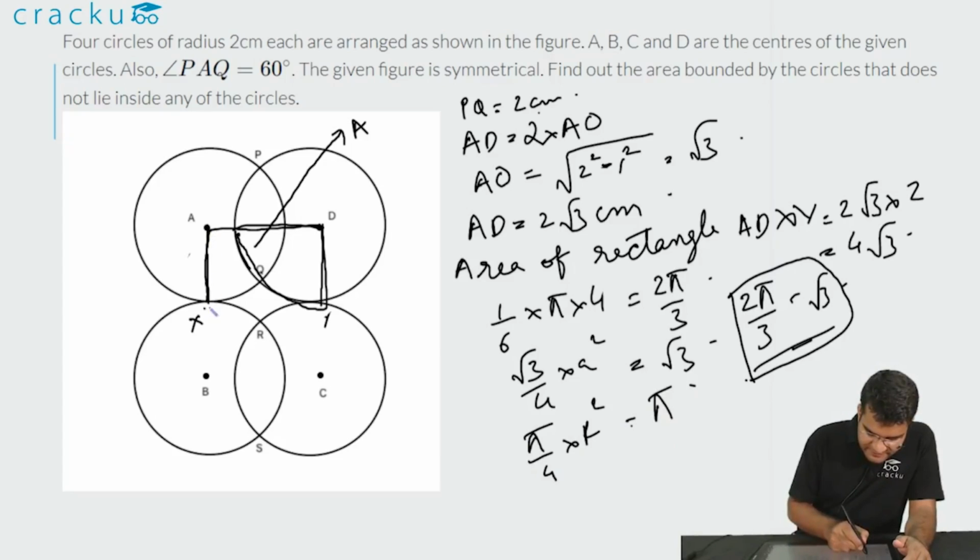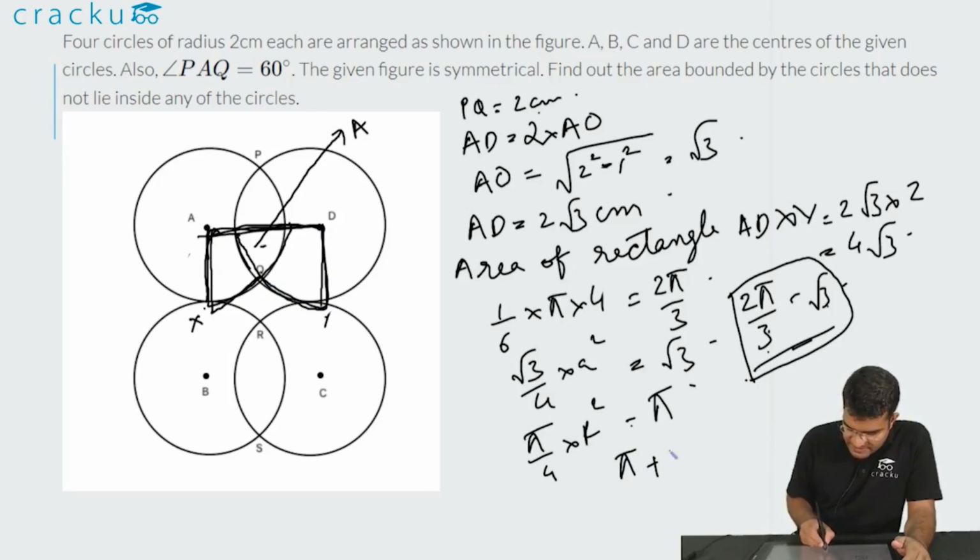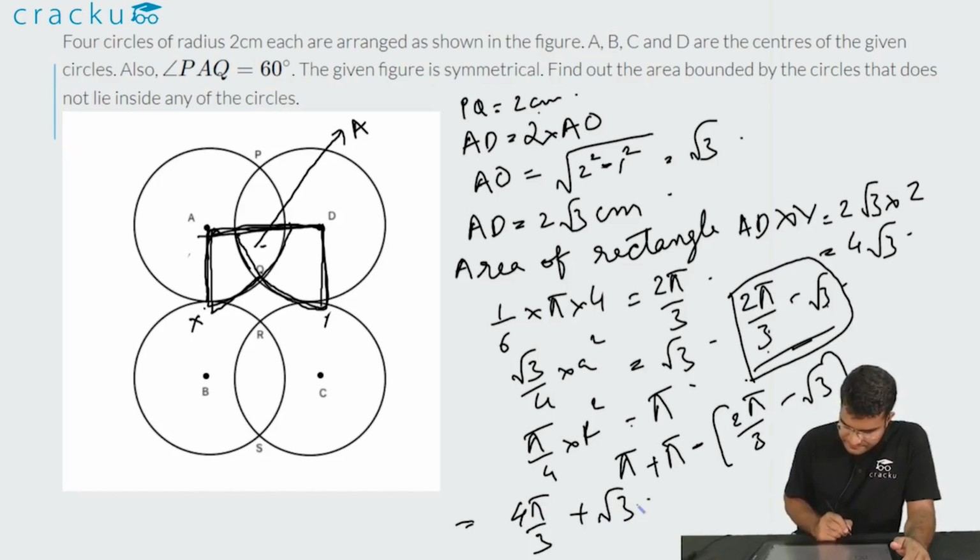Similarly, the area of this chord is also equal to pi, and the common area we know is equal to 2 pi by 3 minus root 3. Therefore, the area of this chord will equal pi plus pi minus the area of the overlap, which equals 4 pi by 3 plus root 3. This is the area common to it.